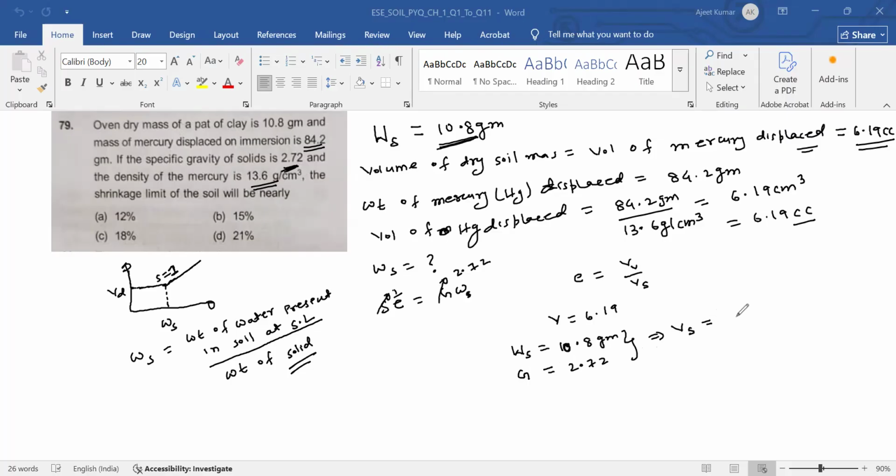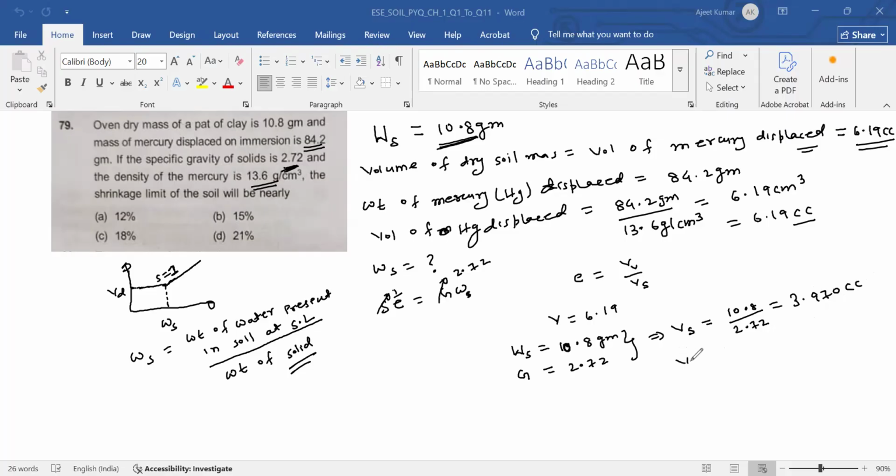The volume of solid is 10.8 gram divided by specific gravity. We cannot take it as gram, so 10.8 divided by a specific gravity of 2.72. This will be in cc, and this is 3.970 cc, the volume of solid. So volume of solid is this.